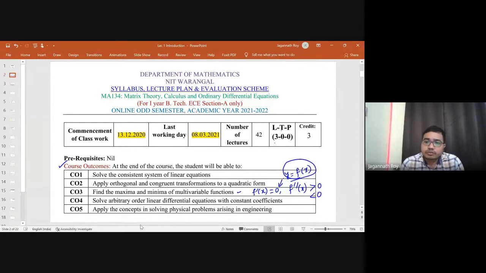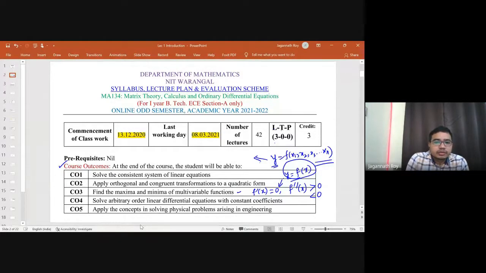Now, when we will have functions like y equals f of x1, x2, x3, ..., xn, several variables, then what will be the cases of how to find the maxima and minima in that case. So most of the real life engineering problems are several variable type problems.